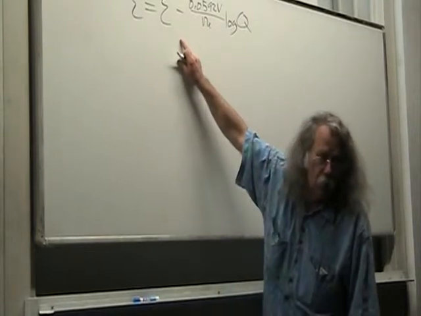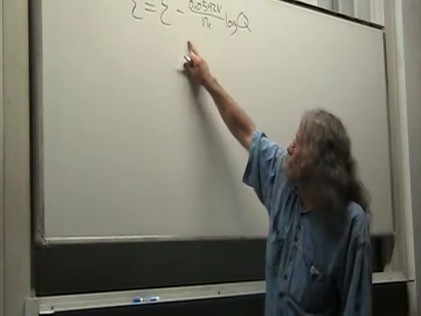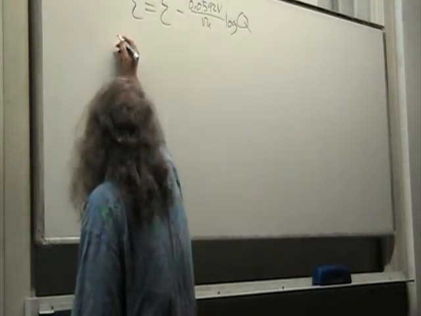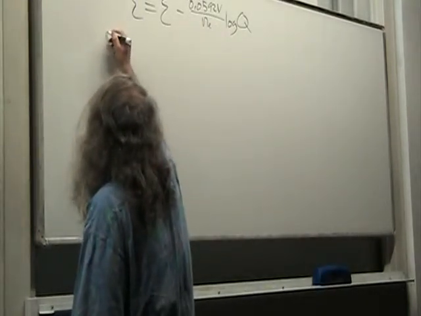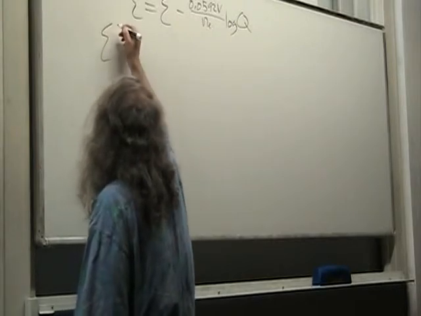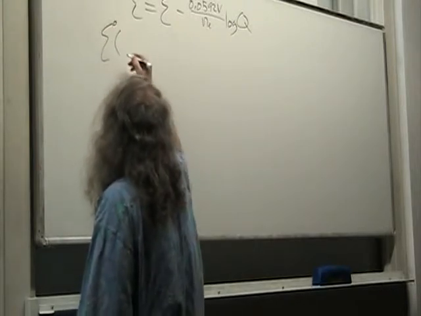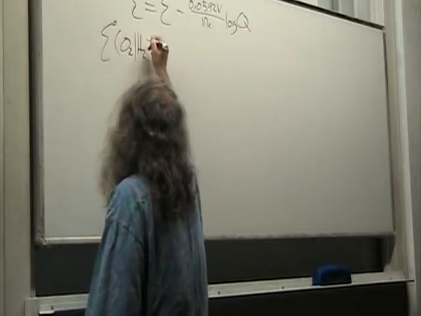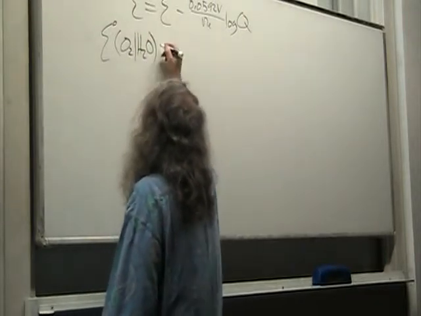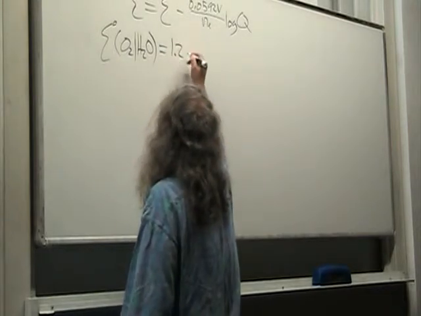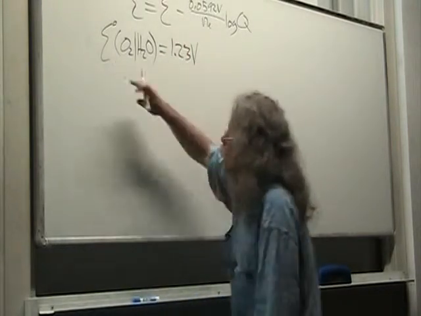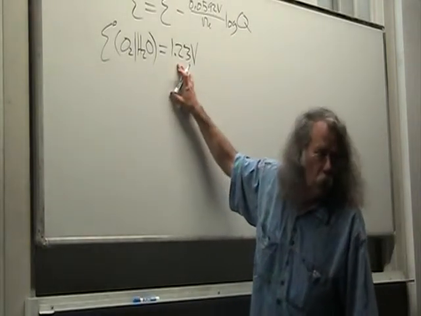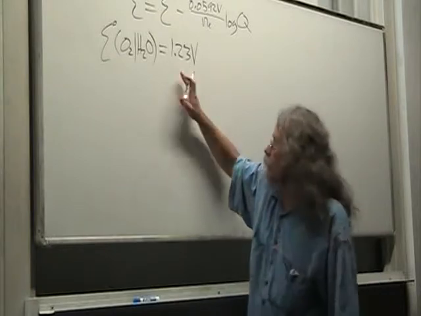I'm going to leave this equation up here. This is your starting point. The Nernst equation in this form, which is the log form, which we're going to need, and we're interested in the oxygen couple. So E naught, the standard voltage, so at pH 0, is 1.23 volts for oxygen.